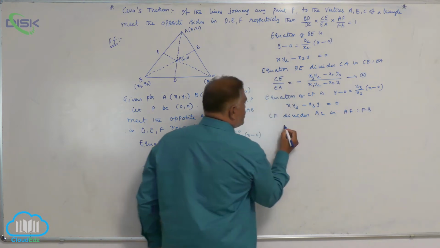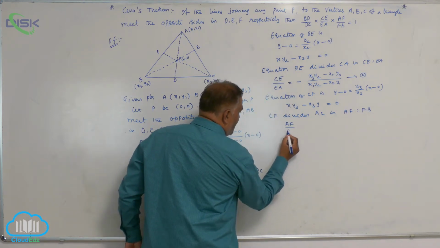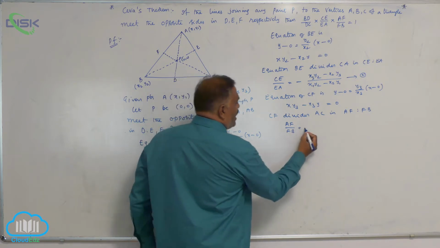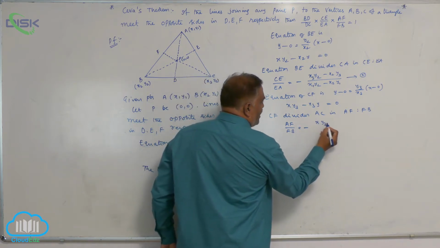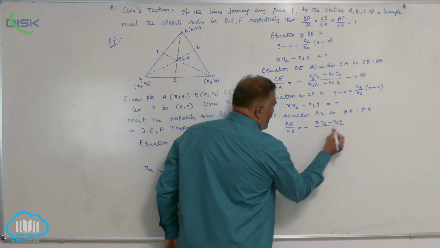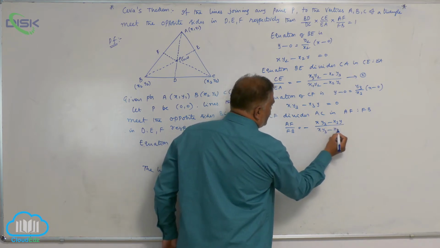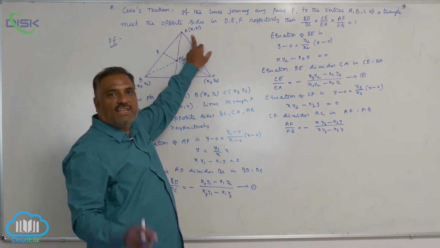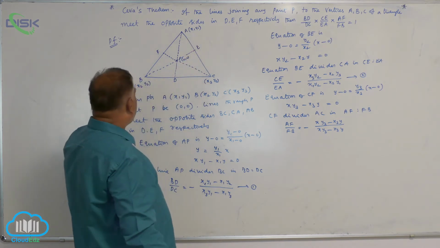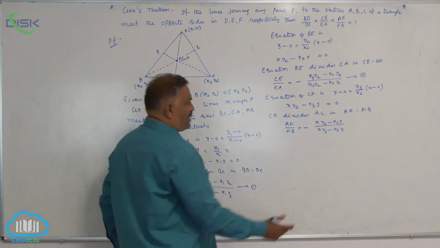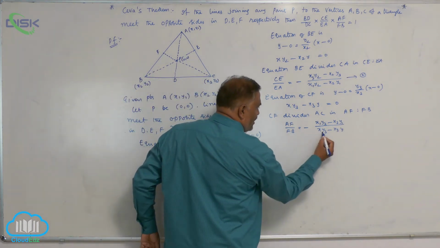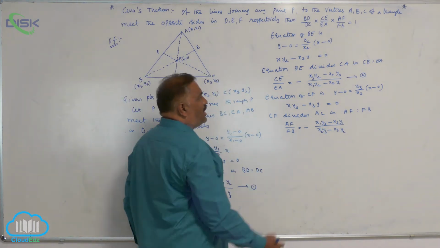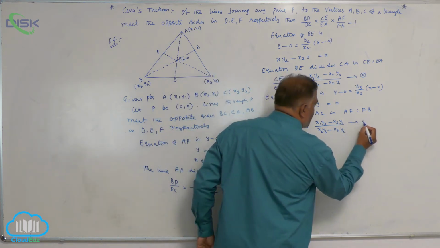So AF by FB is equal to minus of x y3 minus x3 y divided by x y3 minus x3 y. For this, we need to substitute the point (x1, y1) in the numerator and (x2, y2) in the denominator. Call this equation 3.